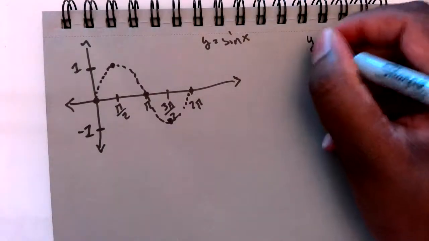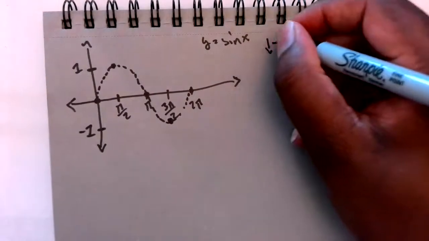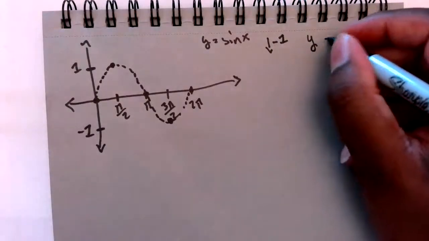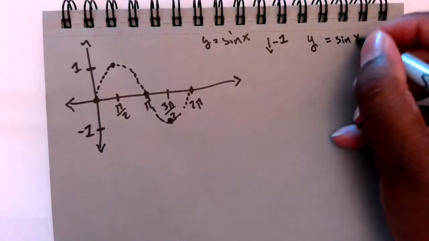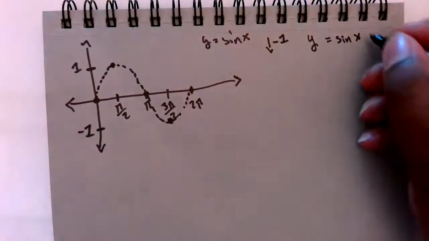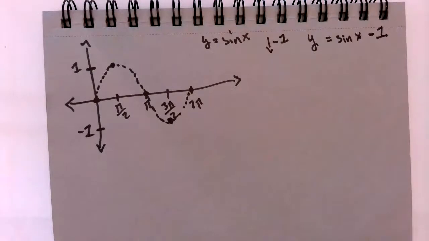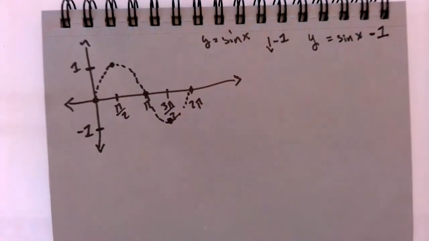Well, if I wanted to go down 1 unit, this is y equals sine of x minus 1 on the outside. Because just like the x squared, where we could shift up and down by adding to the outside of my function, we do the exact same thing with the sine function.